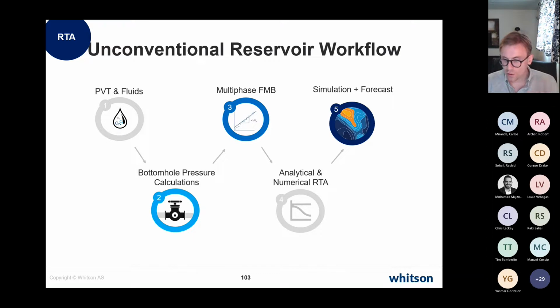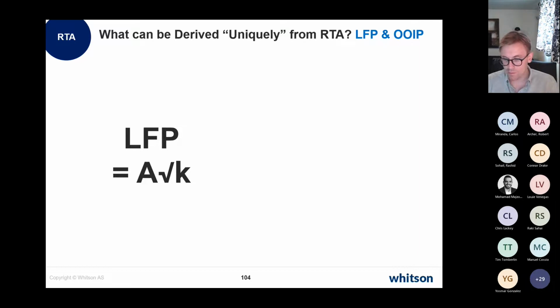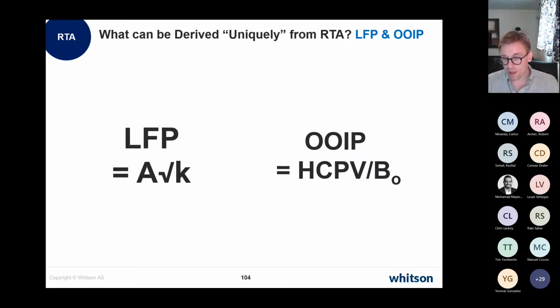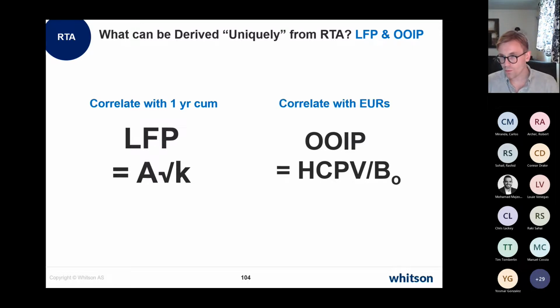The reminder is what we can actually derive from RTA. Again, that's LFP and OIP, or OOIP, the pore volume. LFP correlates with 1-year CUMs, while oil in place correlates with EUR. Sometimes LFP correlates with EUR because LFP correlates with OIP.